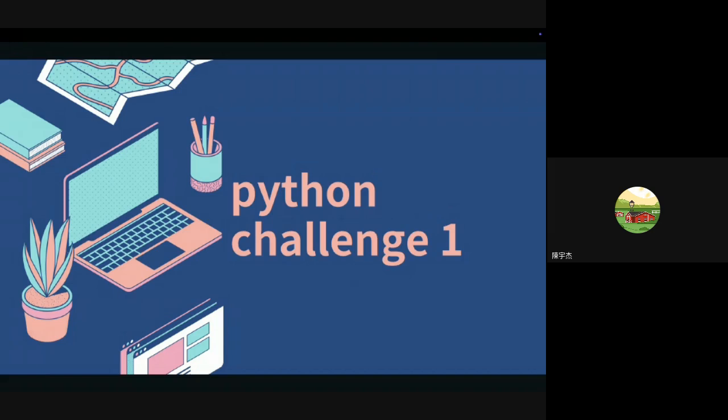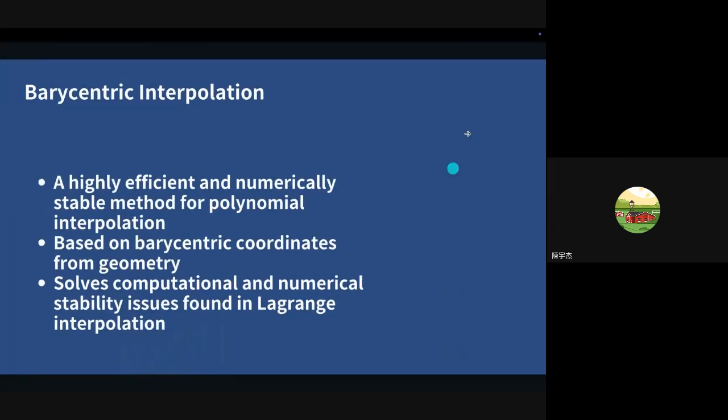Thank you. We are group 2, and now we are going to present our Python challenge 1. At first, we want to introduce the mathematical formula in this project, and this is barycentric interpolation, a very high efficiency and numerically stable method for polynomial interpolation.